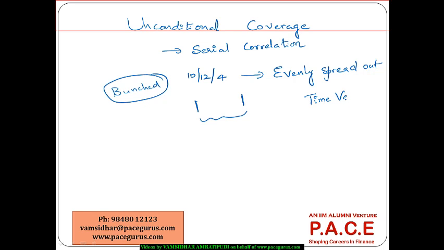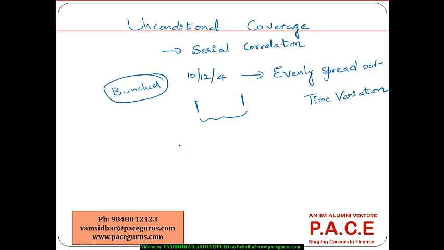At some particular point in time, the exceptions are very high, but at other points in time, the exceptions are much lower, right? These are the ones I have to cover as a part of the conditional coverage model.